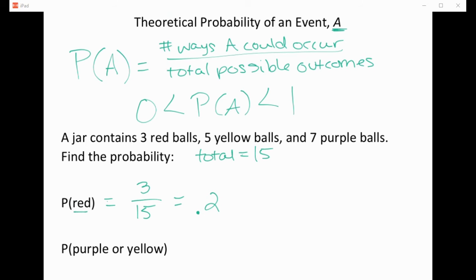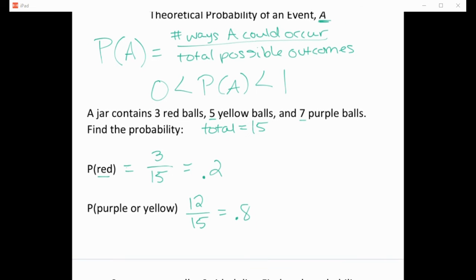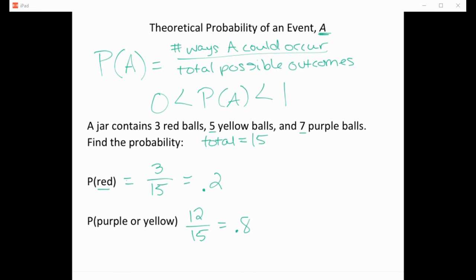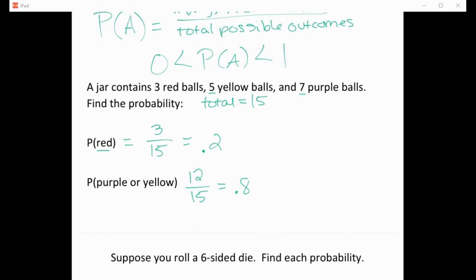If you have the probability of purple or yellow, there's 5 yellow balls and 7 purple balls, so that would be 12 over 15, which is 0.8. So there's an 80% chance. And if you'll notice, if you add those two things together, it'd be 1, because it's red, purple, or yellow, those are all the things.